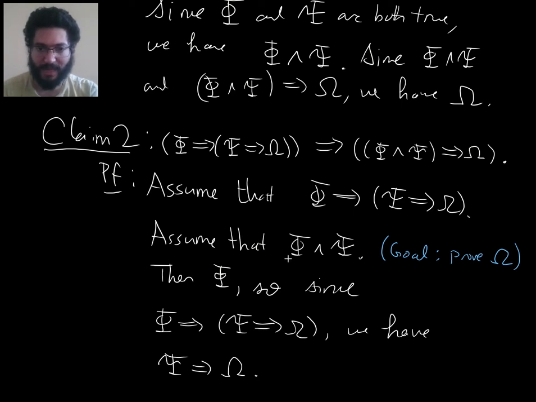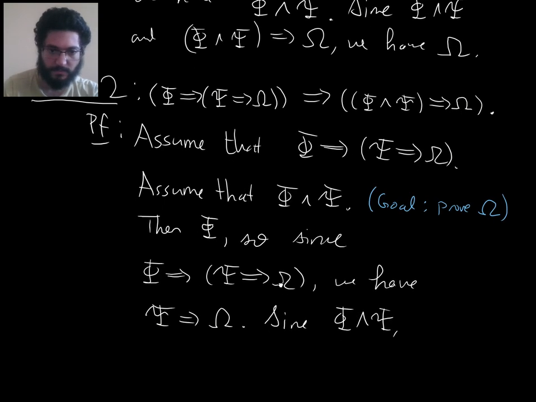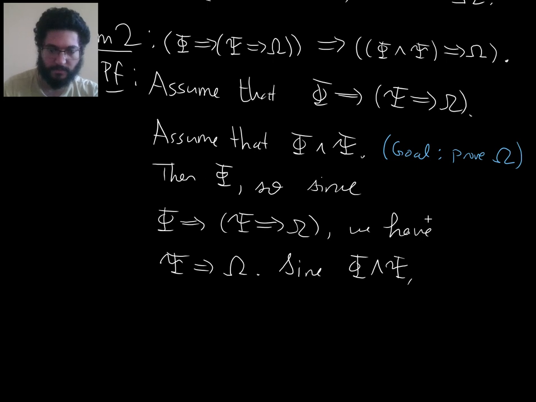Well, I already have phi and psi, the conjunction. Therefore, I can deduce phi and psi individually. Since phi and psi, it follows, let's just say we have psi.